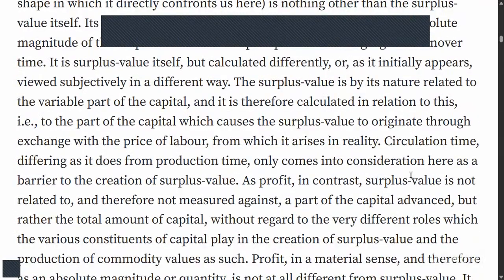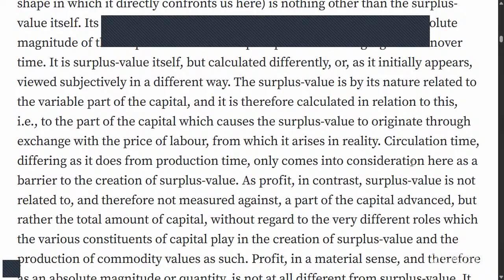As profit, in contrast, surplus value is not related to and therefore not measured against a part of the capital advance, but rather the total amount of capital, without regard to the very different roles which the various constituents of capital play in the creation of surplus value and the production of commodity values as such.